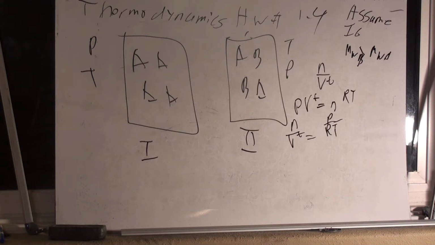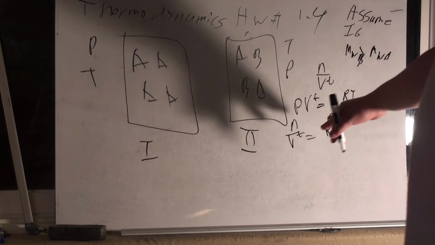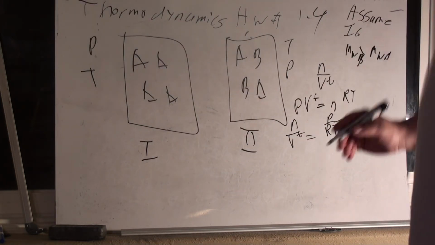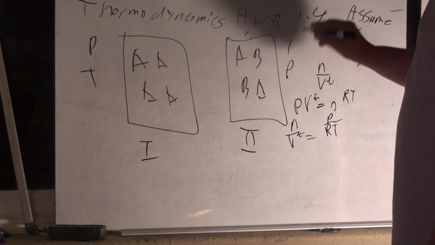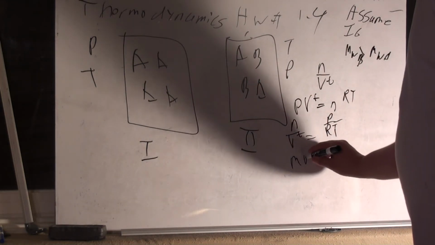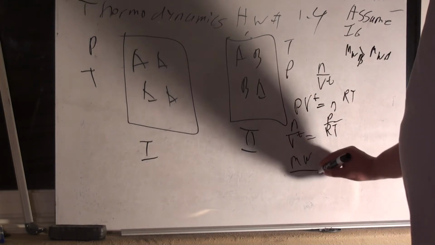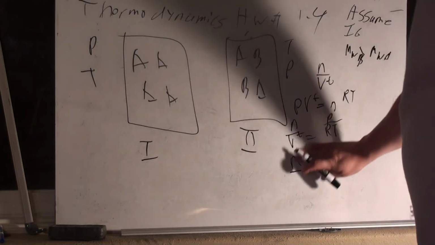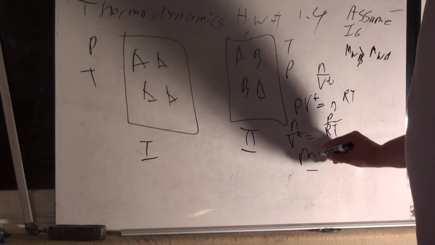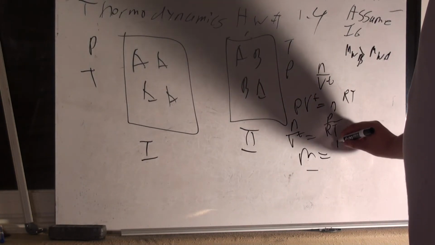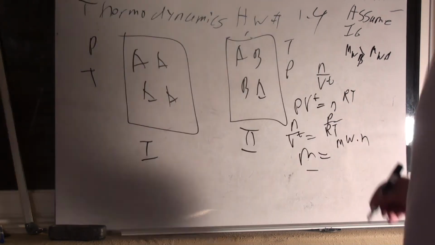Now you might be asking yourself, all right, what about the mass density? That's where things do get different. We still have this, but we need to figure out how many moles we have. Now, the mass is equal to molecular weight times moles.